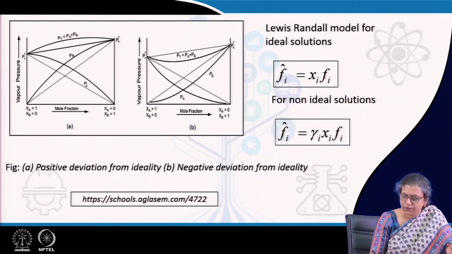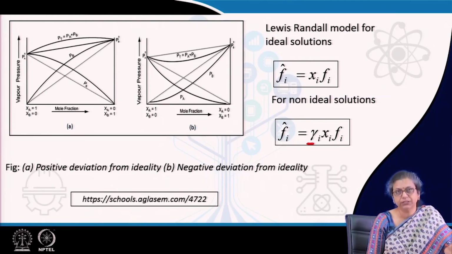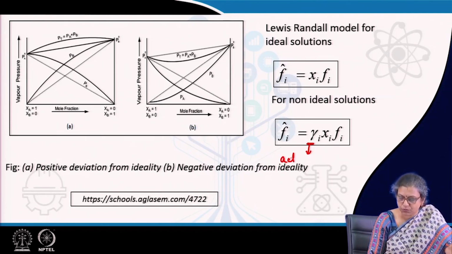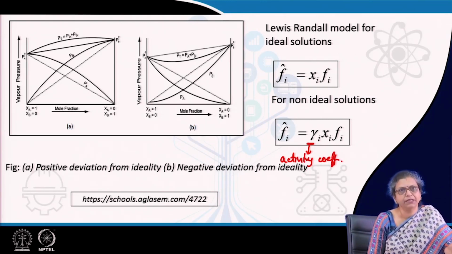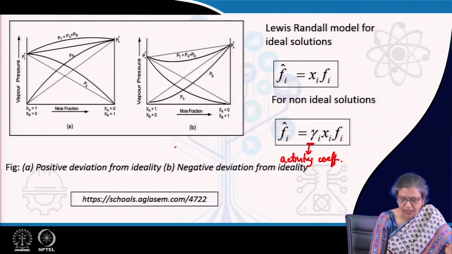For the liquid phase, when the solution is not ideal, we modify Raoult's law, or rather the Lewis-Randall rule, by incorporating a parameter gamma, which is known as the activity coefficient. There can be positive deviations from Raoult's law and negative deviations from Raoult's law. In other words, gamma i can be less than 1 or greater than 1.